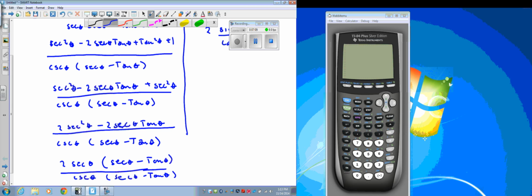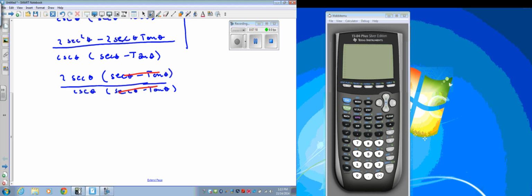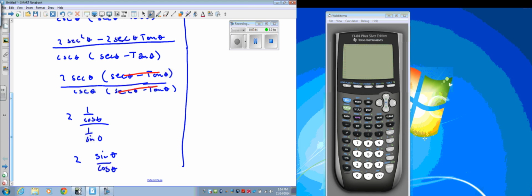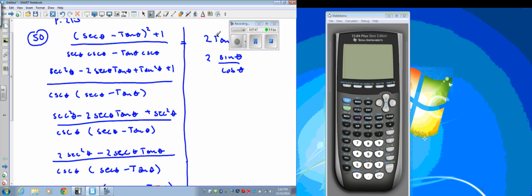See this cancels with this, and then this thing is going to be 2. This is 1 over cosine over 1 over sine. So this is 2 sine over cosine. And then this one is identical with that. And I've shown my identity.